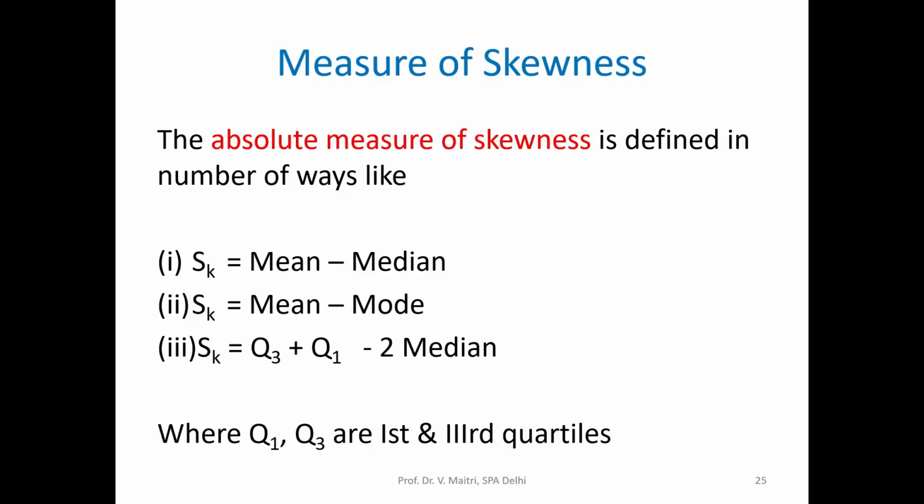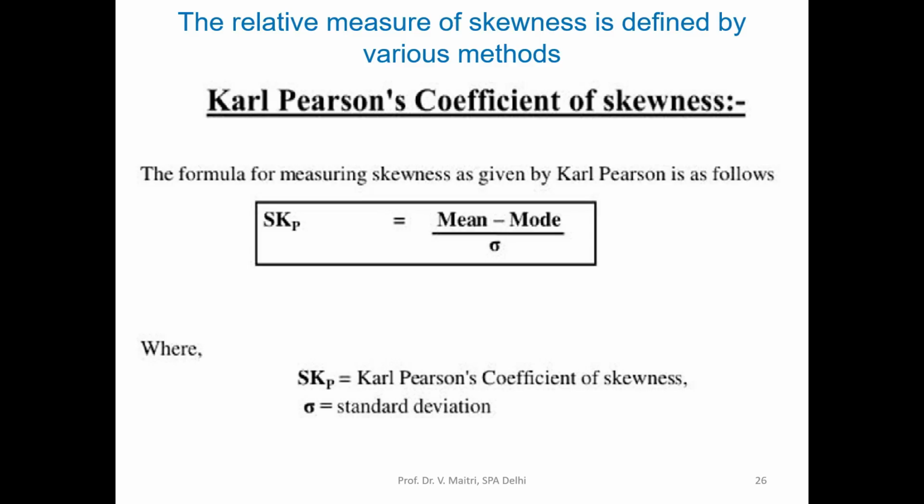So by this we can find the absolute measure of skewness. But the most important is the relative measure of skewness. There are different formulas, but sometimes the biggest problem in skewness is that some formulas give contradicting results.